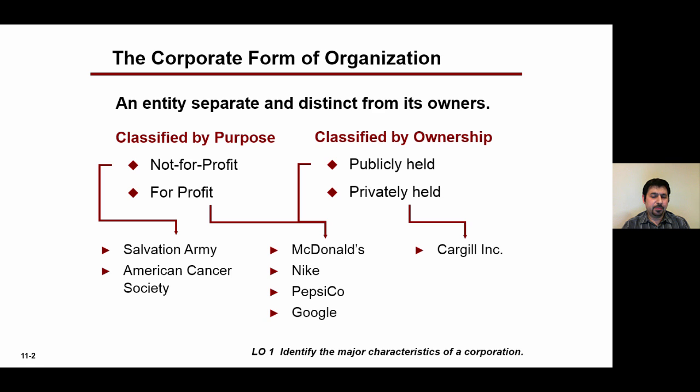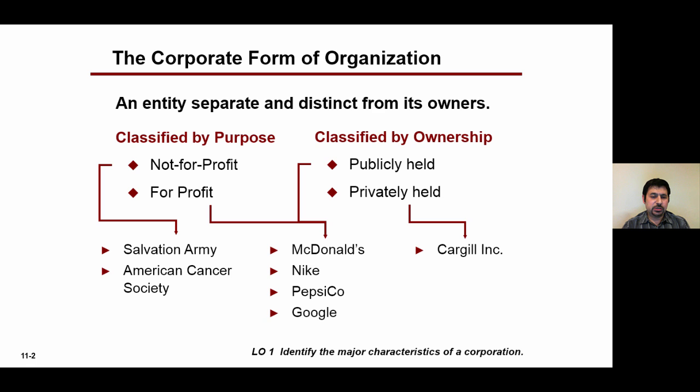Basically, any company, any entity must be kept separate from its owners as well as from any other entity. If you remember the economic entity assumption, the records for a certain company must be kept from the records of the owners as well as the records of any other entity.